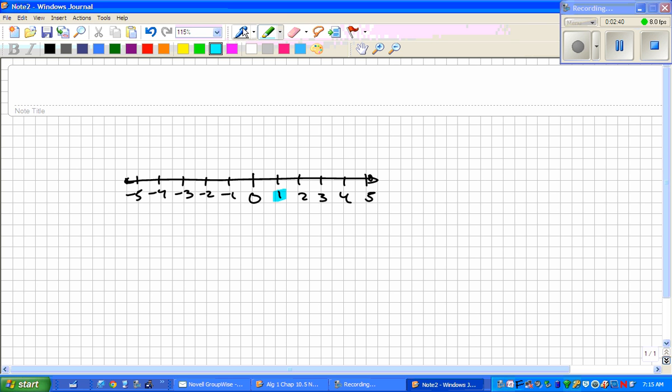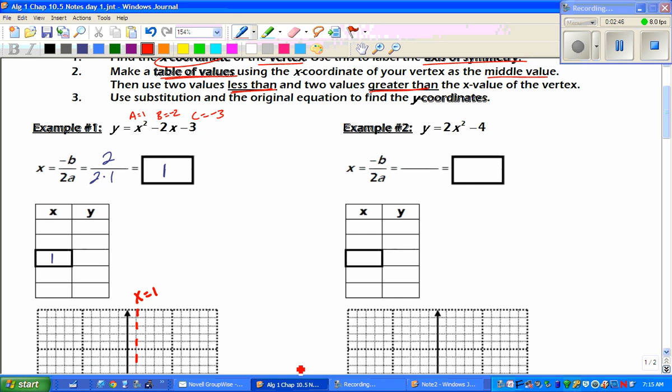So if we're at 1, I need two numbers less than and two numbers greater than. So that's why we're going to start filling out a 0 and a negative 1 and a 2 and a 3.